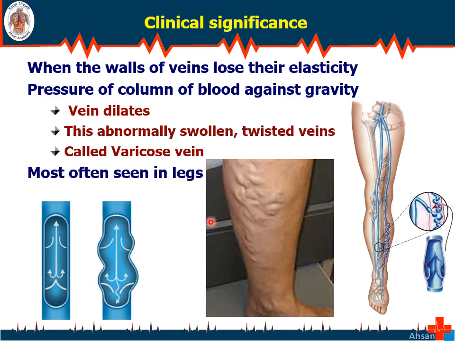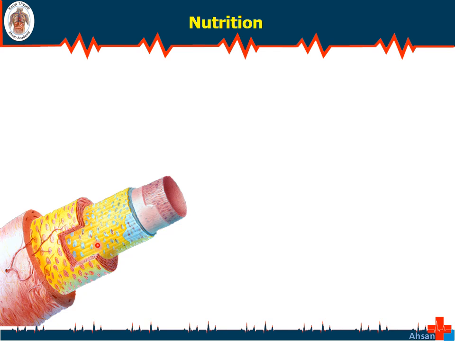This is most observed in the leg, but it is not only observed in the leg. Anywhere you can observe this. The blood vessels carry the blood, so they carry the nutrition, oxygen, and so on. By diffusion, the wall gets the nutrition. Arteries get more nutrition, so the walls are well nourished.